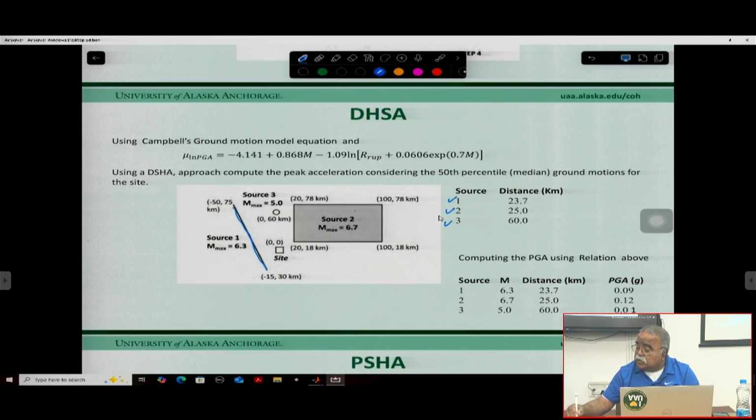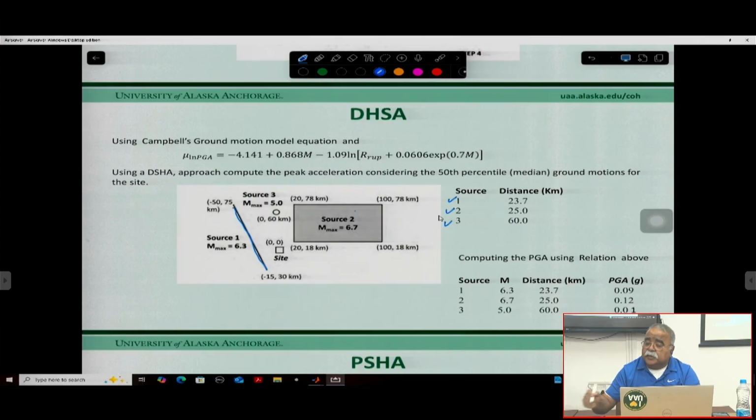These different sources are present, and their distances are all given. The first source is at 23.7 kilometers, the second source at 25 kilometers, and the third source at 60 kilometers. So these values are given.